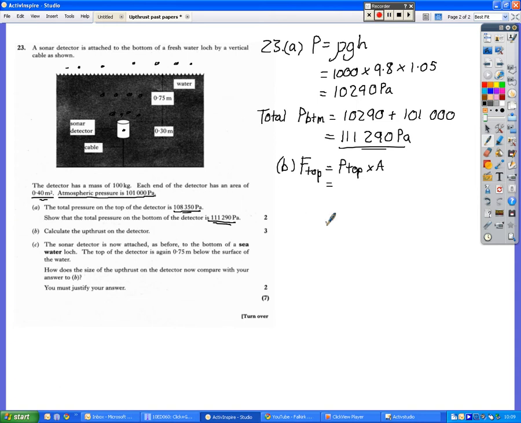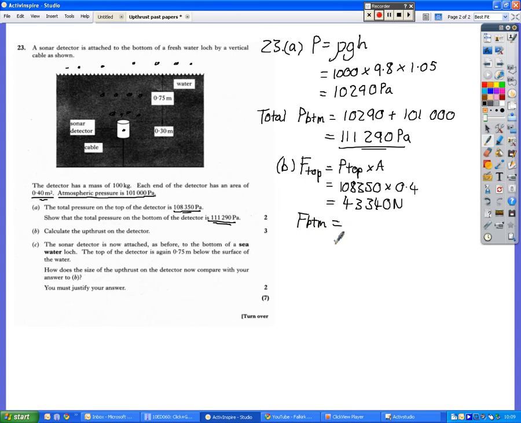The pressure on the top, as given in the question, is 108,350, and the area of this detector is 0.4. That will give you 43,340 newtons. So that's your force on the top.